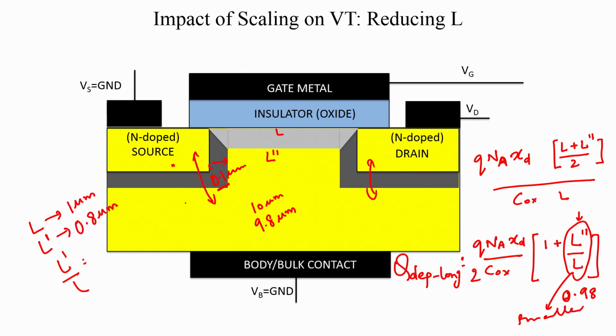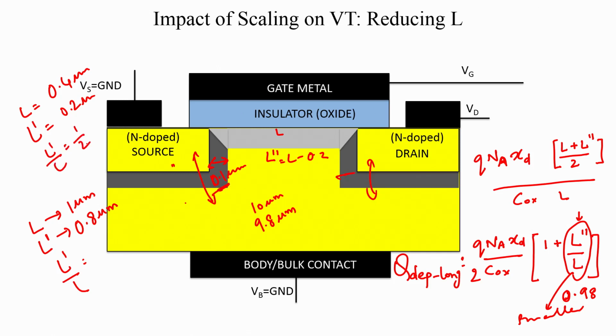And further, if we further reduce L, so let us say we make L 0.4 microns as we begin to approach the depletion thicknesses, then my L dash would now become 0.2 microns. So, it will be L minus 0.2 because each of these regions is 0.1, and therefore, my L dash by L has now become half.